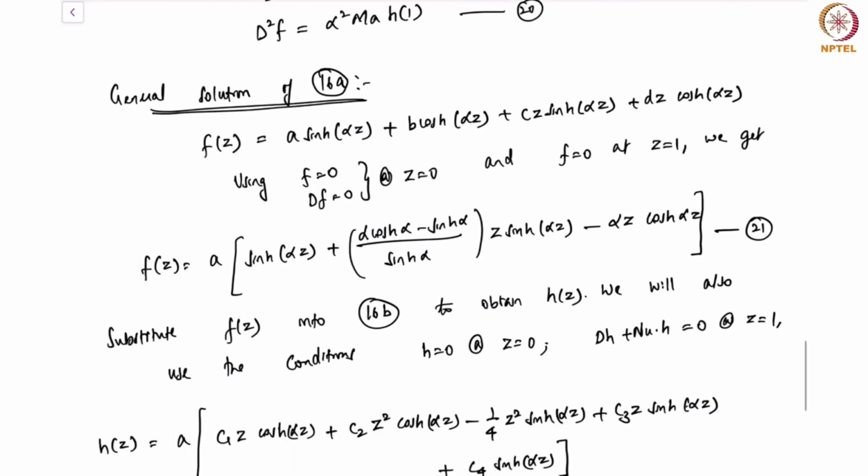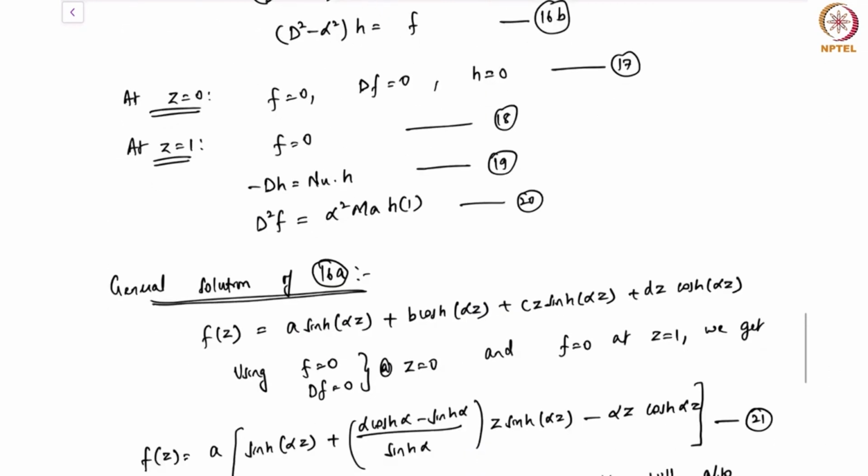Once you've done this, it's routine, some tedious algebra is involved, but one can basically apply the conditions at z equal to 0 and z equals 1 for f to get equation 21 that you see on the screen.